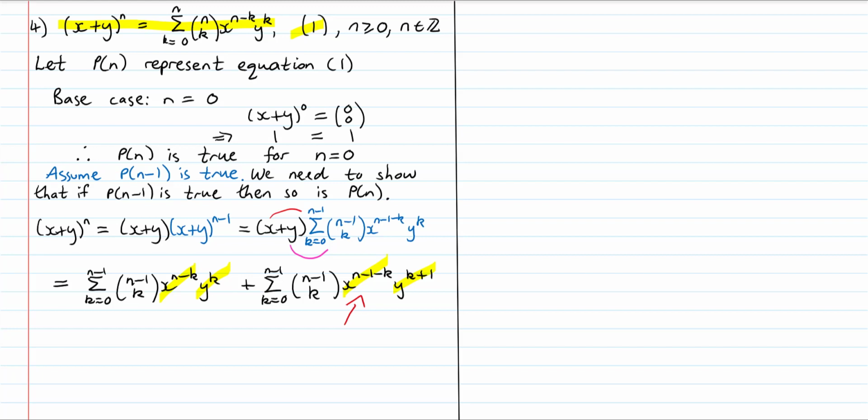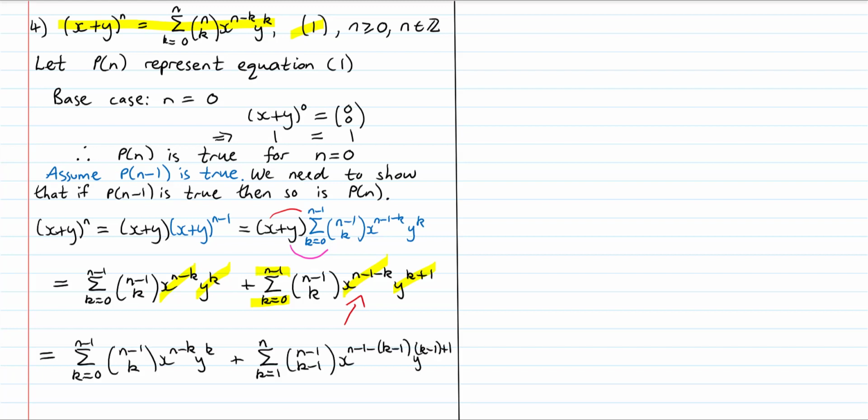But if we replace k by k minus 1, then we're going to have to replace our summation indices. So instead of going from k equals 0 up to k equals n minus 1, we're going to sum from k equals 1 up to k equals n. So we can see that these terms here are just exactly the same.